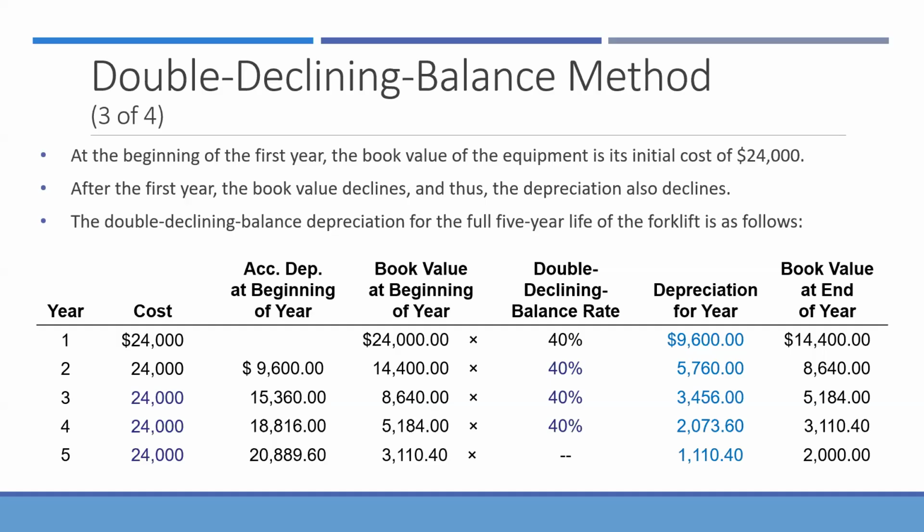If we placed it into service October 1st, we would divide it by 4, right? Because it was in use for 25% of the year, this 9,600. And then in the following year, we would take the net book value on January 1st, multiply it by 40%. And that would arrive at our amount.